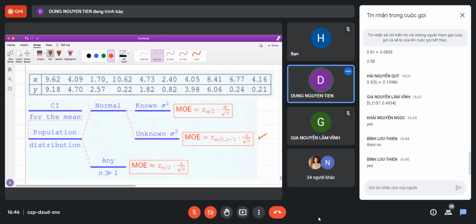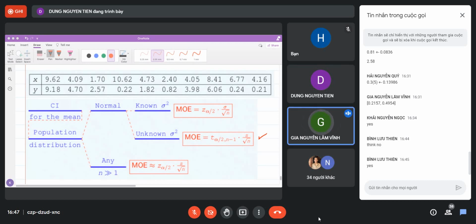However, it is not. That is the problem. Okay? Can you tell me the problem here? Anyone?